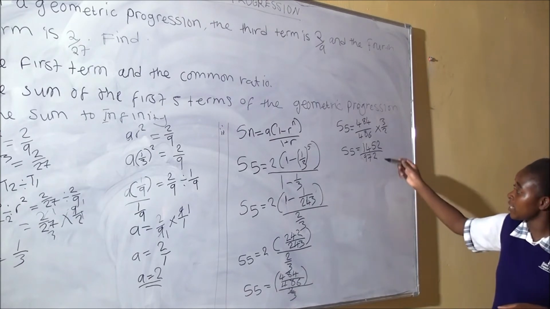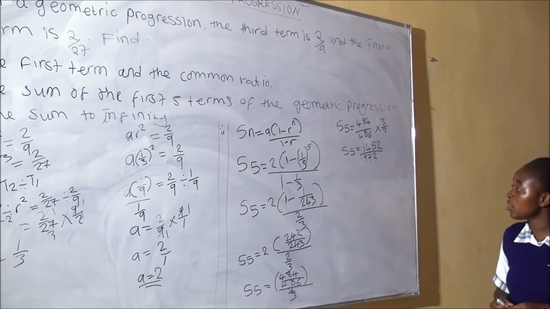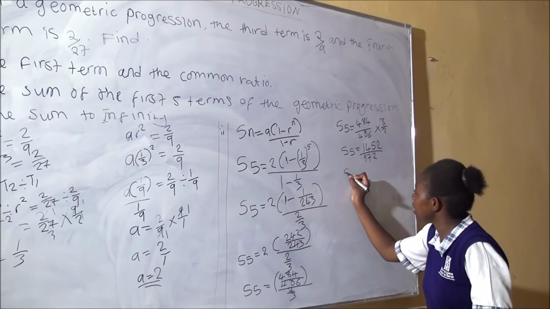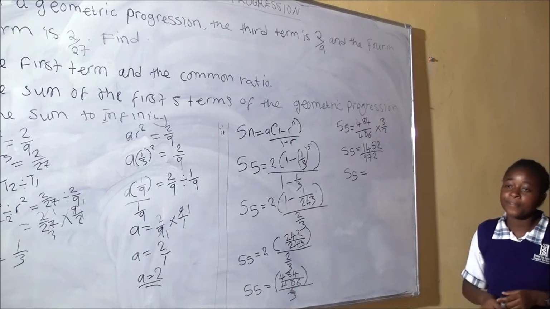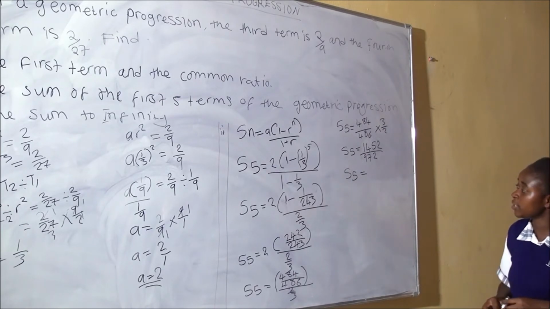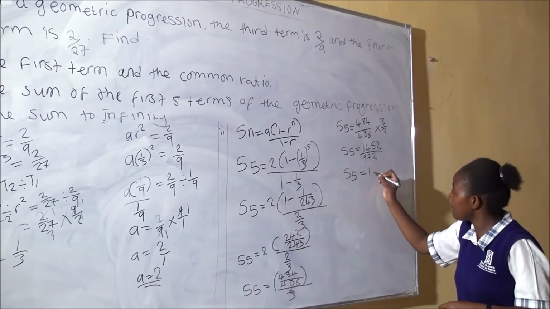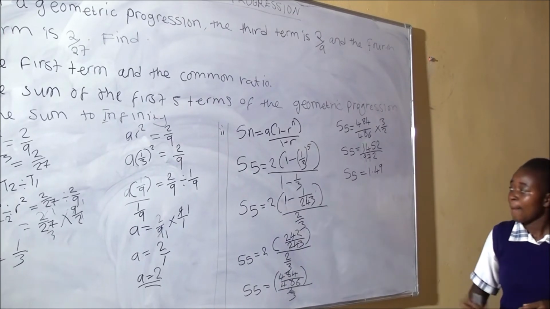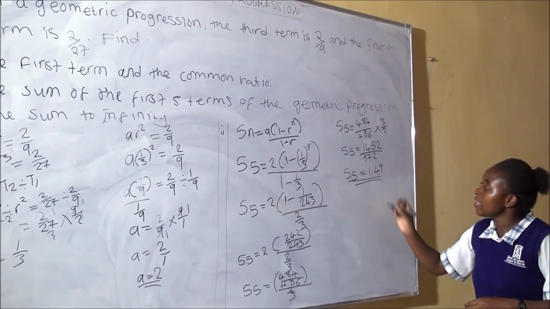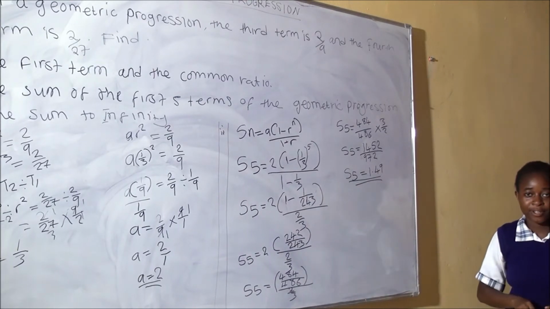After this, we divide this into this. So our sum of the first 5 terms is equal to 1452 divided by 972, which will have 1.49. So this will be the sum of the first 5 terms.